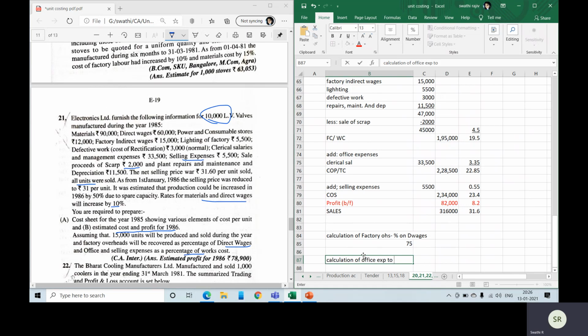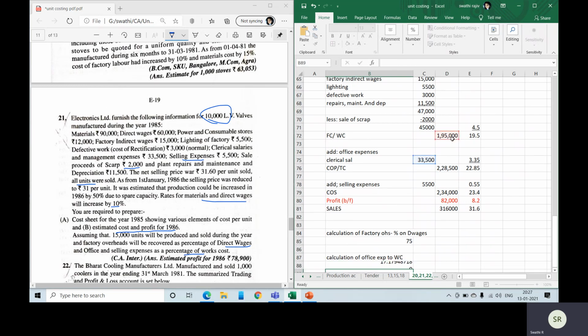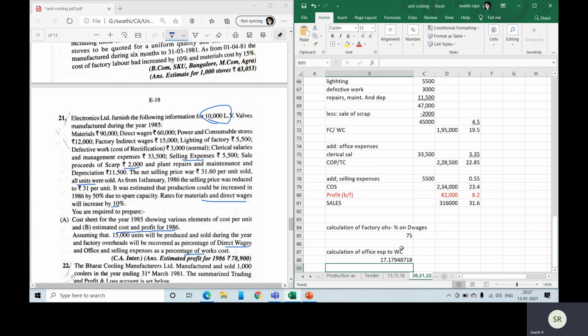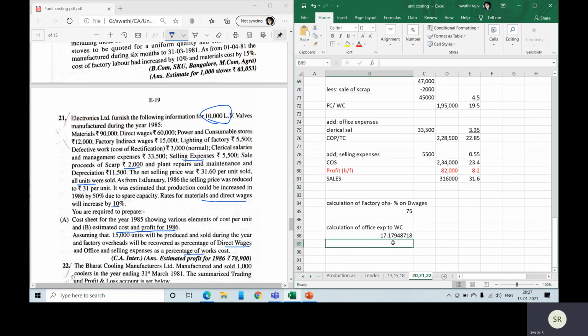Office expenditure to works cost is equal to 33,500 divided by works cost 1,95,000 into 100, which is 17.17. We will just round it off to 17.18.